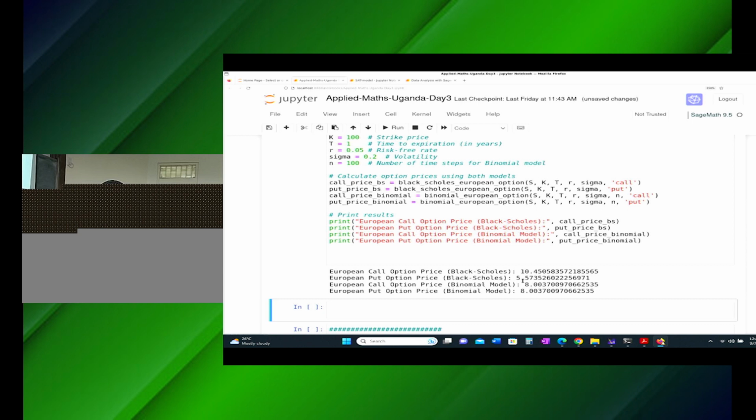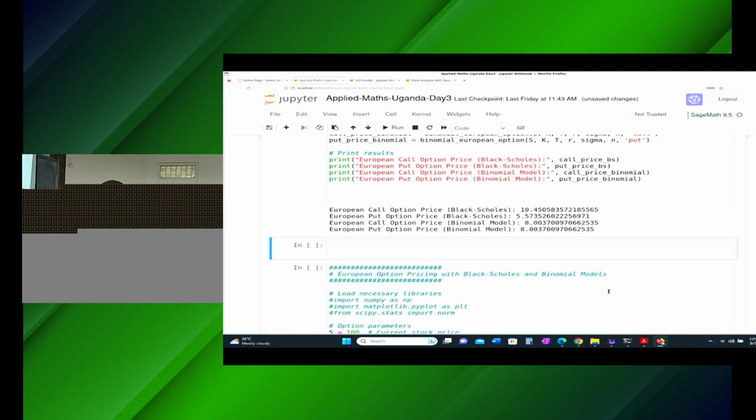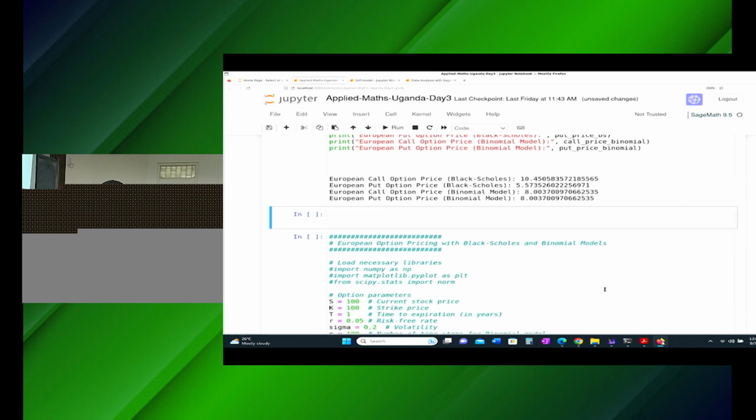That's to tell you that you have to think about errors, because it's 10 and 5. And we're talking about money here. Dollars. So you have to use the right pricing model. So this one is for the call and the put when you use the binomial. You can see. So that's why people are still working on getting a good model for pricing of options.